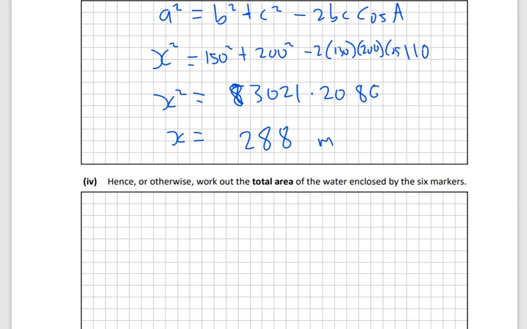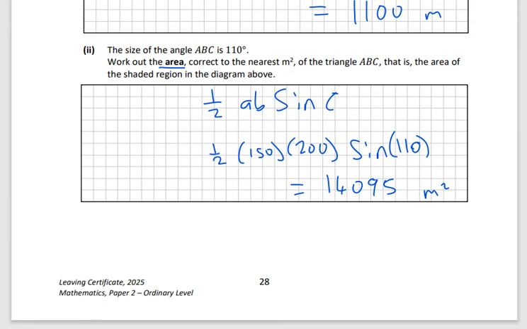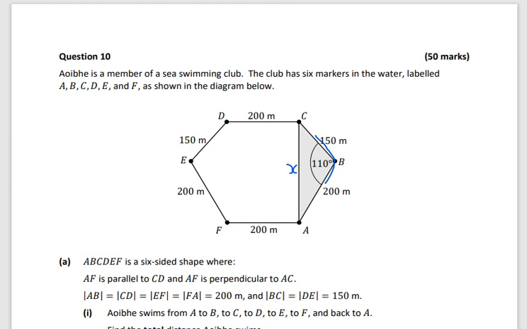Meters. Then, hence or otherwise, work out the total area of the water enclosed by the 6 markers. Well, we know this is 288 now. The shape is symmetrical, I think.